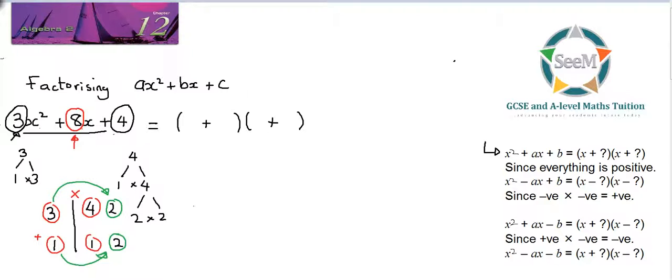So we have 3 times 2 plus 1 times 2. So that gives us 6 plus 2. We see straight away that gives us 8.